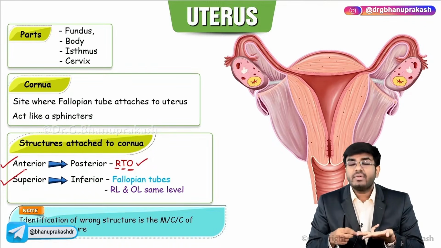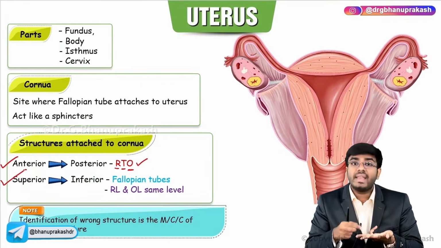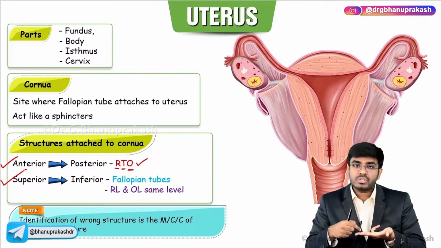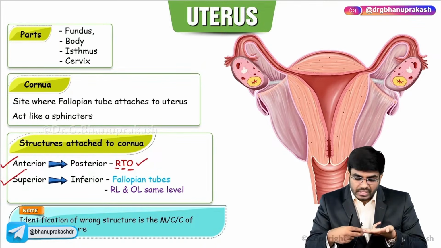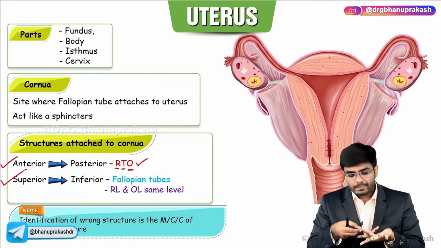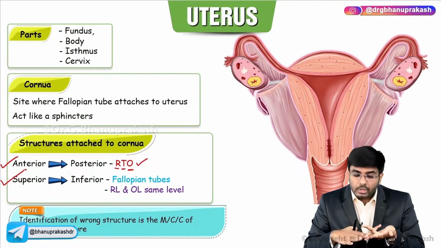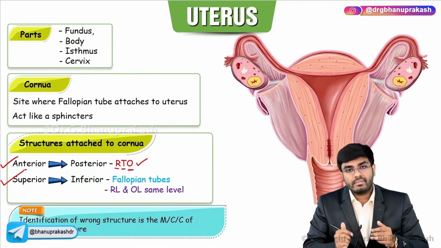To identify the proper structure, you have to know where exactly the tubes are located. Anterior to posterior, the tubes are sandwiched between the round ligament and ovarian ligament. From superior to inferior, the tubes lie superiorly, and below them the round ligament and ovarian ligament lie at the same level.